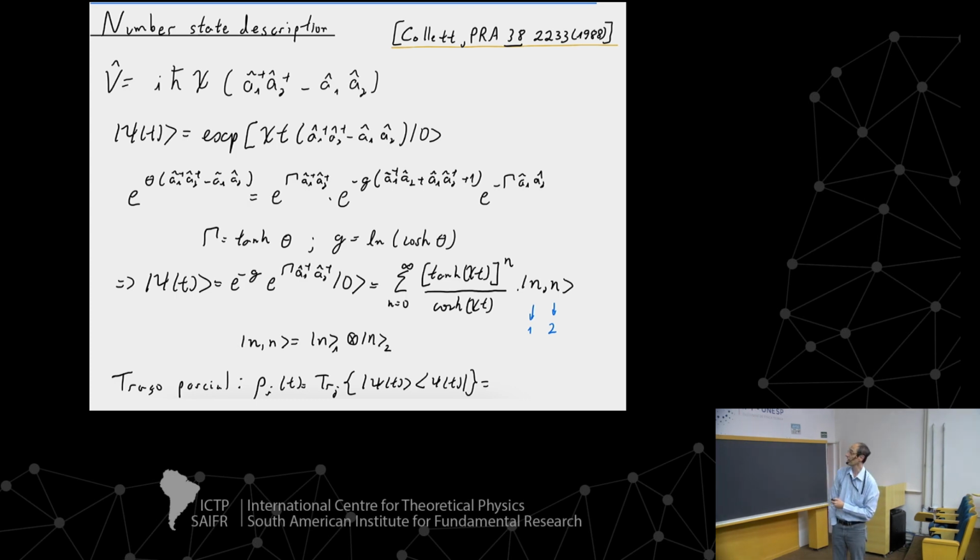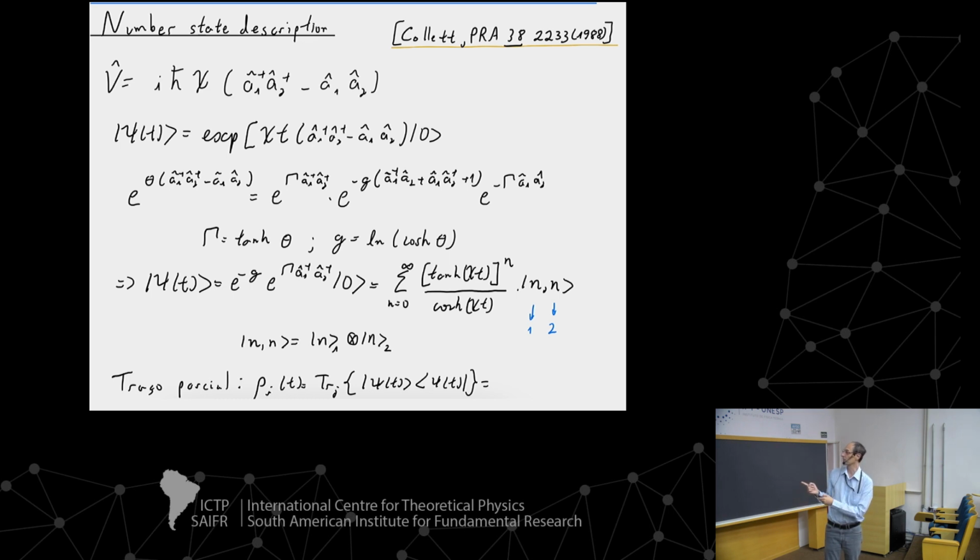At the end of the day, what you have is this function here, that's just the thermal distribution that we had before, involving n photons in mode 1 and n photons in mode 2. You have perfect photon correlation, but a thermal state on each side.